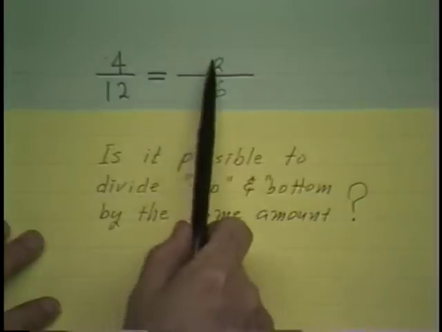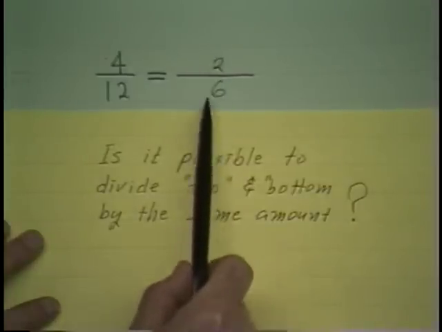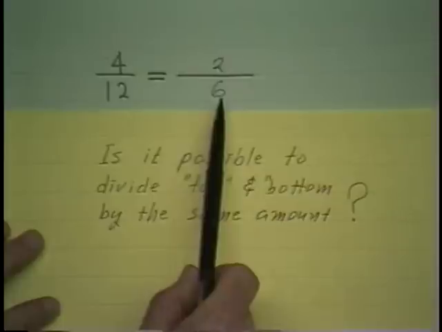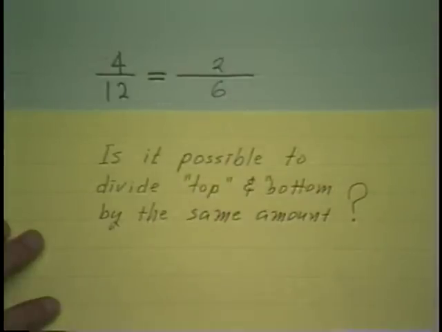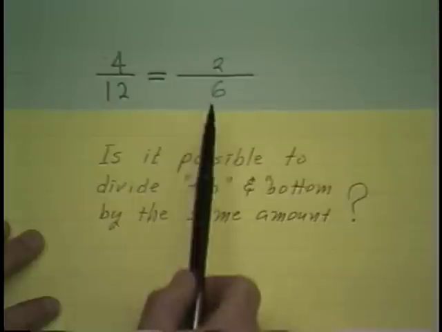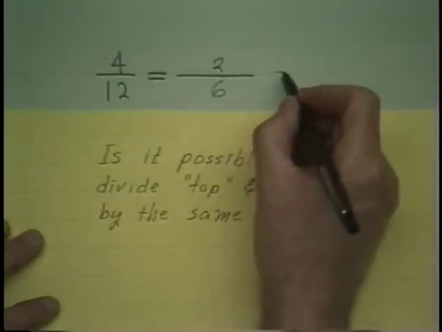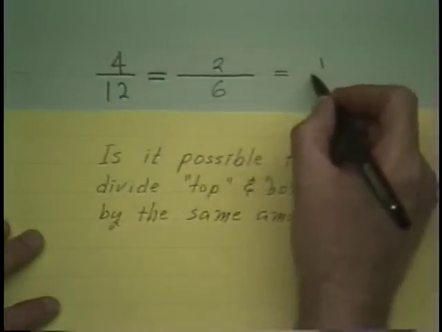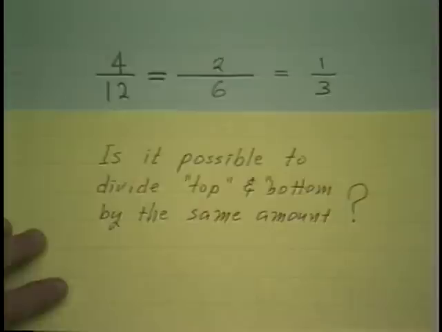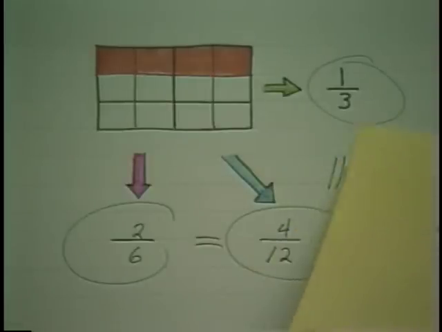Is it possible still to divide top and bottom by the same number? And the answer is again, yes. I could divide top and bottom again by 2. 2 goes into 2 once, 2 goes into 6 three times. And that is our other equal fraction.